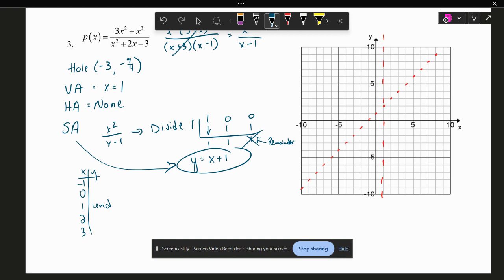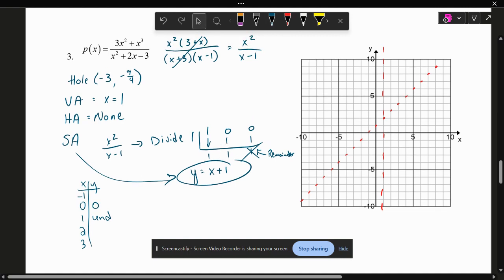So if I plug 0 into either my original equation or my simplified equation, I get 0, 0. If I plug -1 in, I'm looking at my simplified because it's just easier for me to understand. 0 squared is still 0, so 0 over -1. -1 squared is 1. -1 minus 1 is -2.